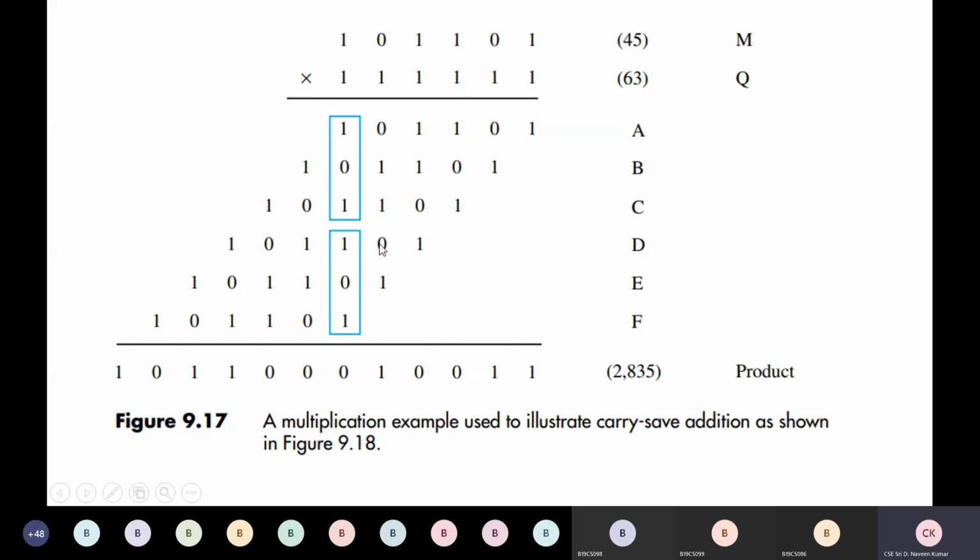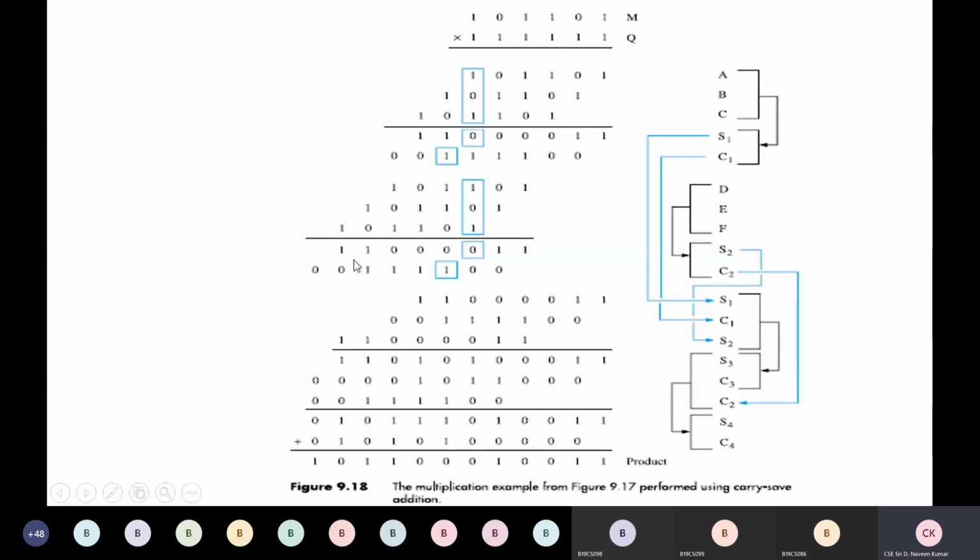So first we add A, B, C. We add only A, B, C separately, and we write their sum and carry separately. Similarly, next we will add the D, E, F summands, and we will write their sum and carry separately. You can see these are represented here.